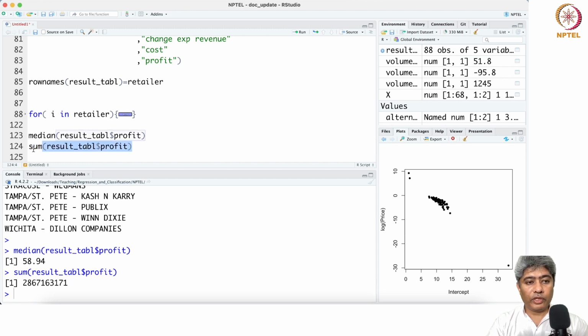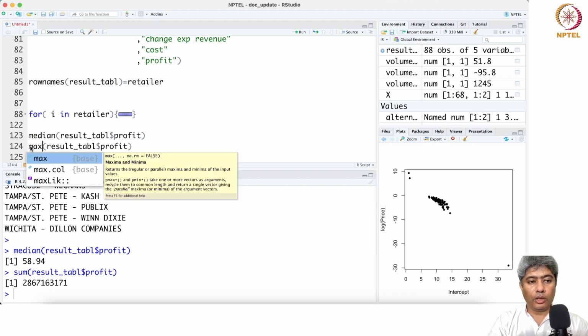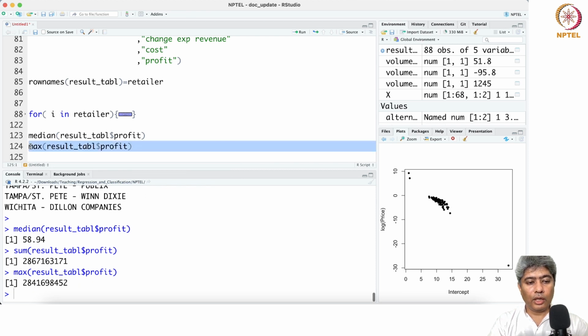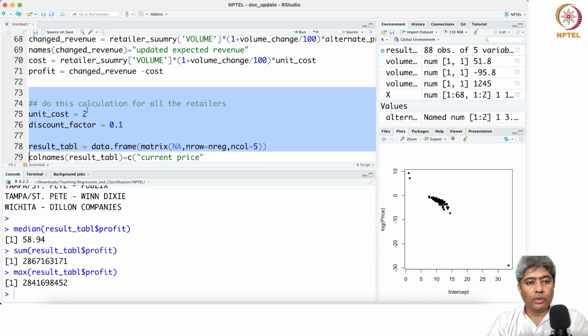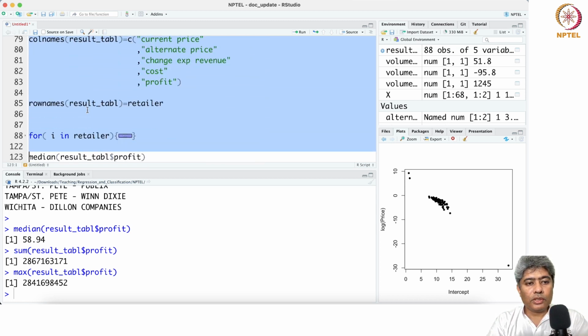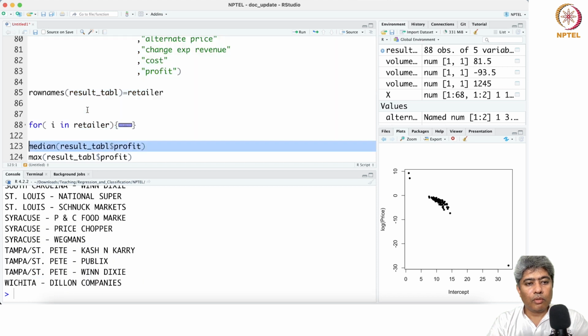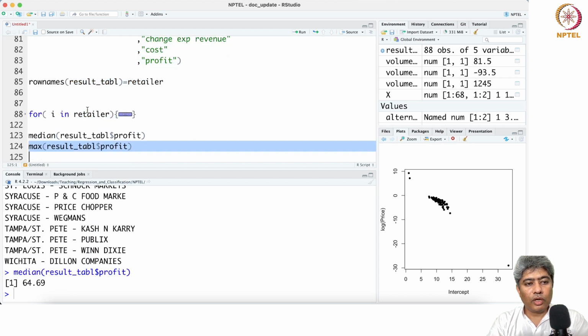The max profit I can get is a big number. This is definitely not right, something is wrong. And then if I give, say, 10% discount, then median profit is 64 and maximum profit.